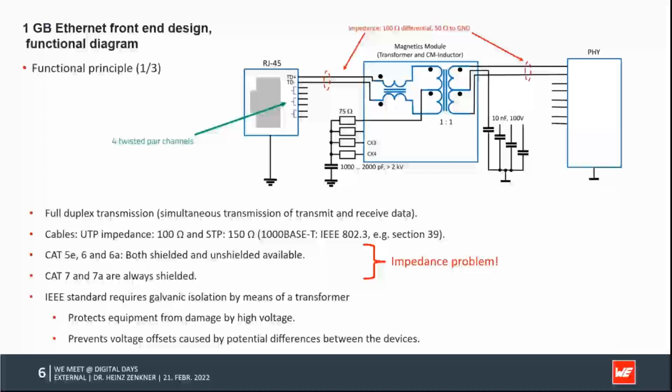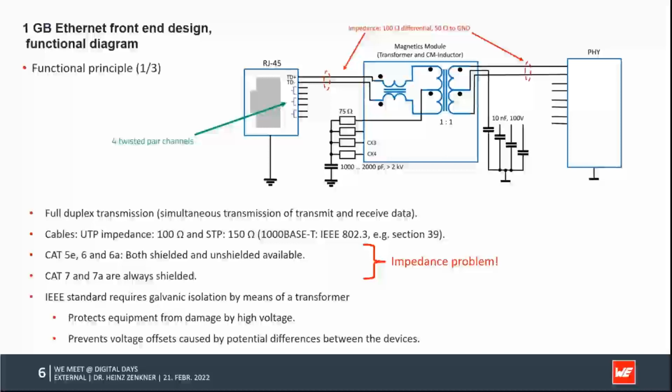Here you see the transformer, which normally protects the equipment between the long cables from damage by high voltage, because a long cable can collect disturbances, for whatever reason, can be capacitive, can be inductive, there can be many reasons, or galvanic potentials between the two spots, between the hub and the Pi.